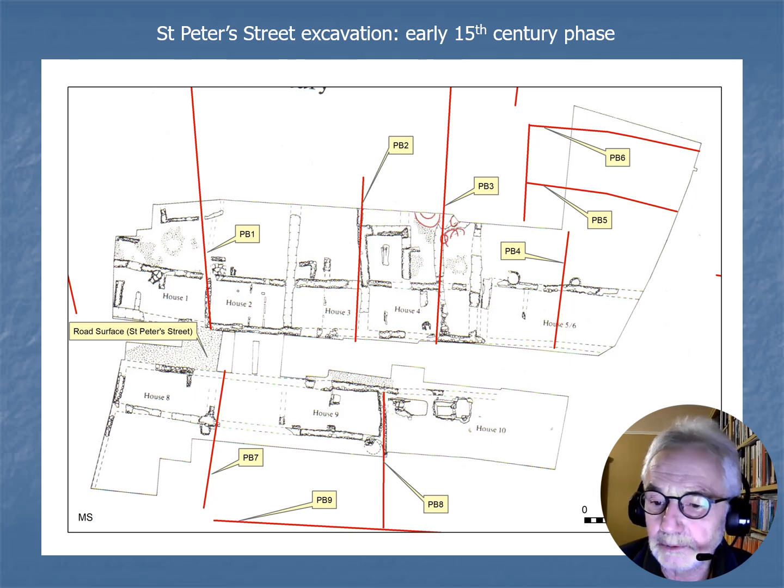I do not have space here to reproduce all of the phase plans with the Victorian boundaries overlaid, but at least some of the 19th century boundaries can be traced back to the immediate post-conquest late 11th century phase of the site, and St. Peter Street itself can be shown to date back to this period also.